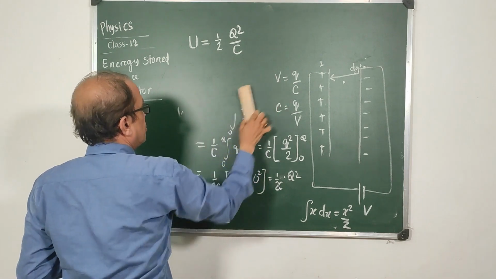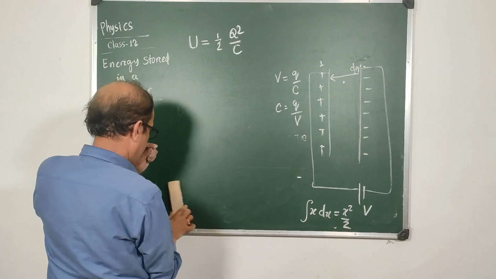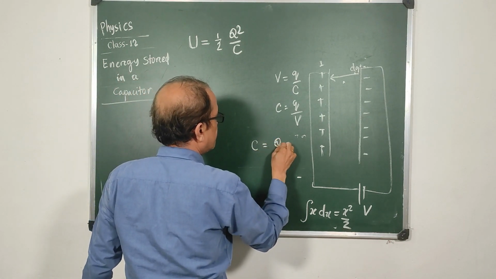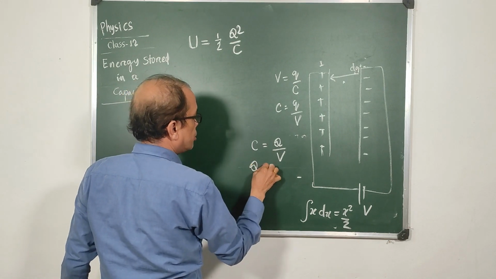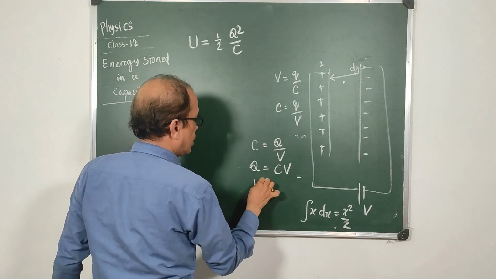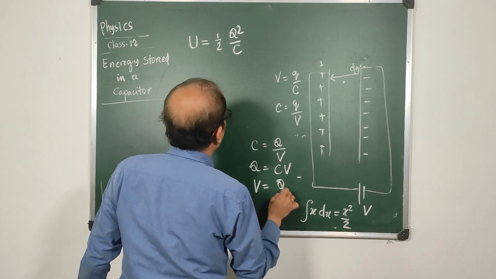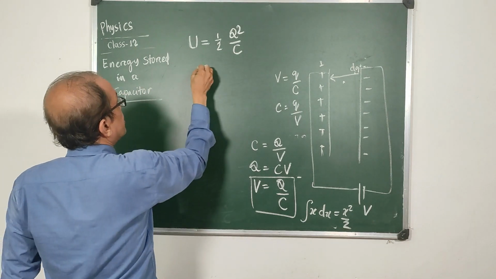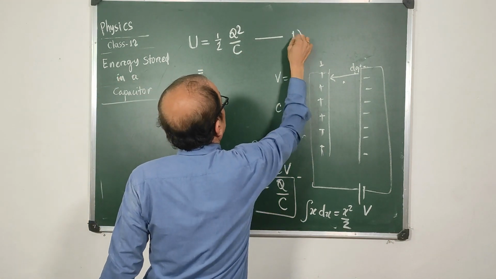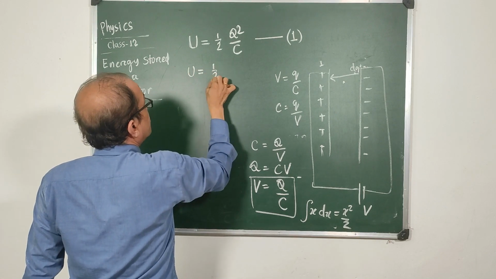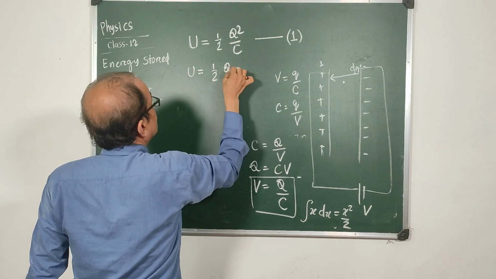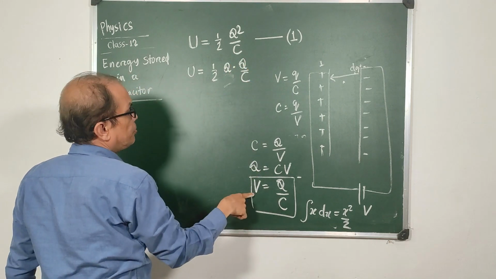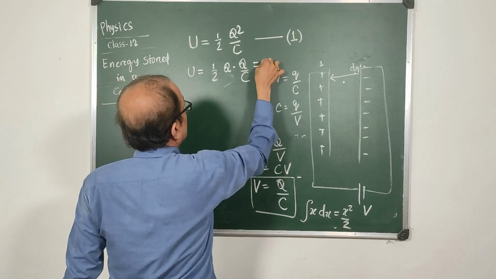And as we know, capacity and potential are linked in many ways. We have a formula C is equal to Q by V, we have Q is equal to CV, and we have V is equal to Q by C. If this is the first equation, it can also be half Q by C into Q, and since Q by C is V, this can be written as QV.